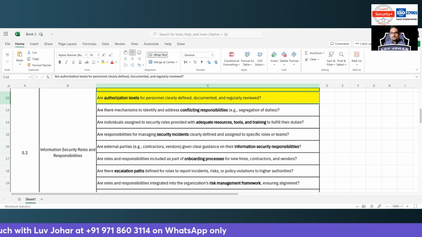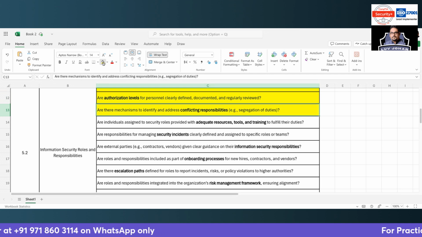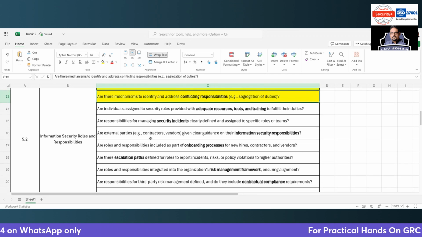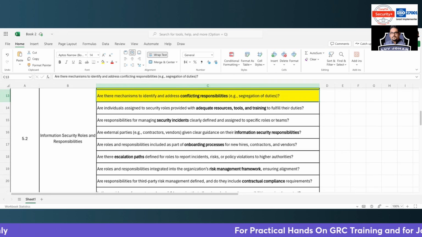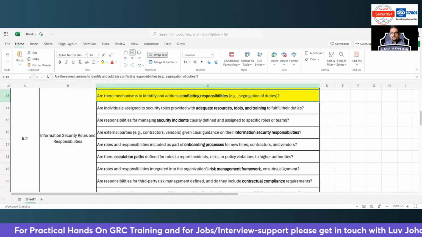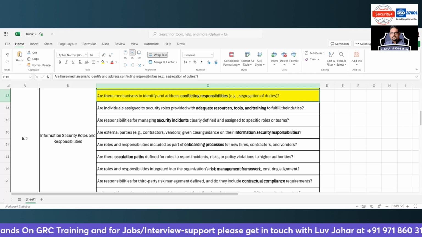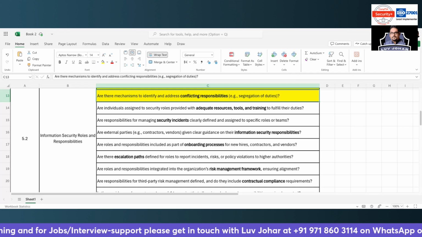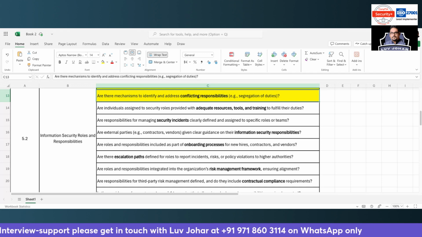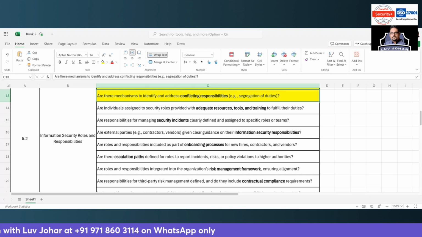Then after that, you need to make sure that there are mechanisms to identify and address conflicting responsibilities. For example, if somebody in the finance or accounting department is booking the invoices, creating the invoices, and actually paying the payment as well, if he or she is performing all these tasks, it's a conflicting responsibility.